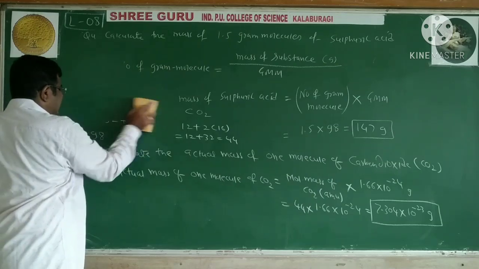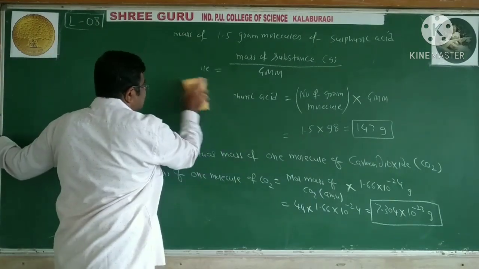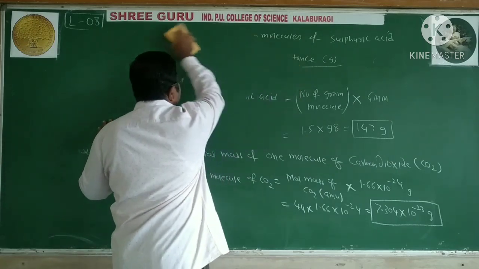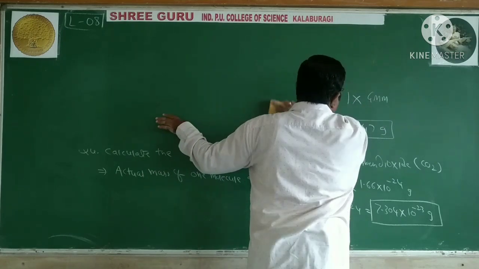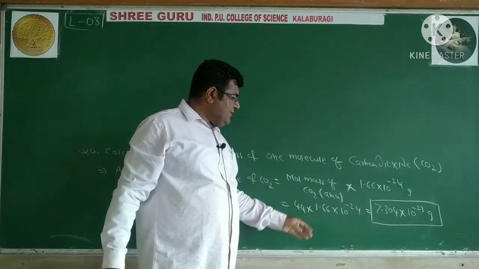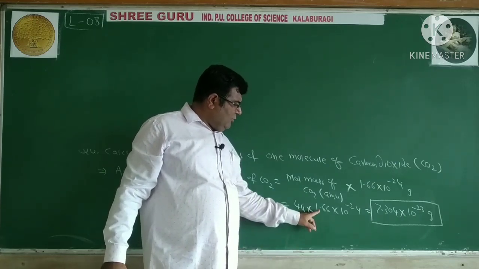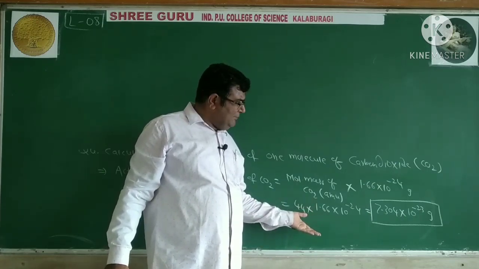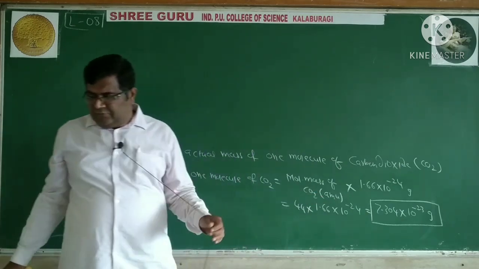If calculations are difficult, definitely I will do them with you. But simple calculations, again and again, I will not waste time on, because 44 into 1.66 into 10 raised to minus 24, at least first 44 into 1.66 you can do with a calculator and then multiply by 10 raised to minus 24.